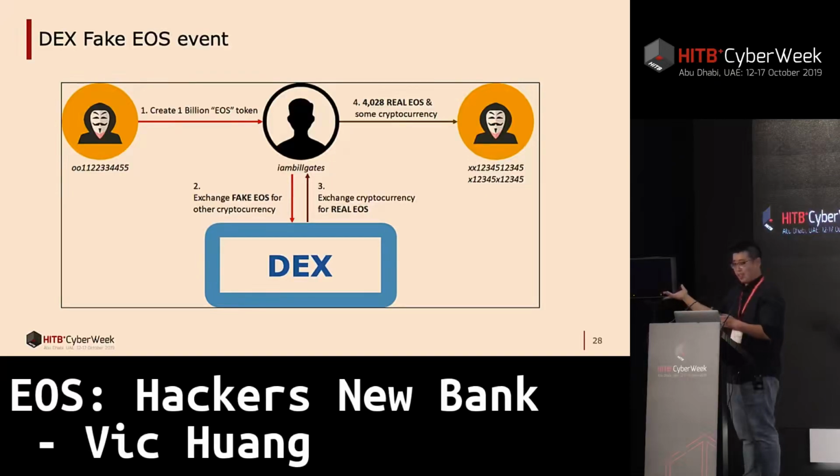It's a decentralized exchange, a platform where you can exchange cryptocurrency. So he exchanged the fake money for real money, and then he changed the real money back to real EOS. So he gains about 40,000 real EOS.